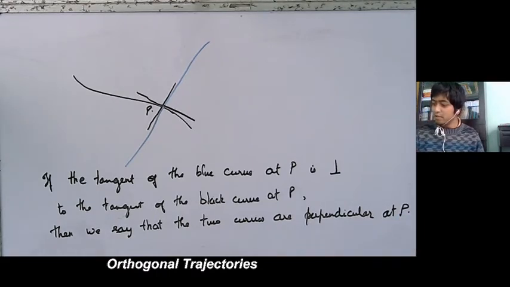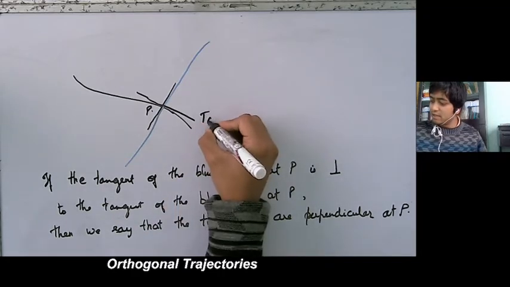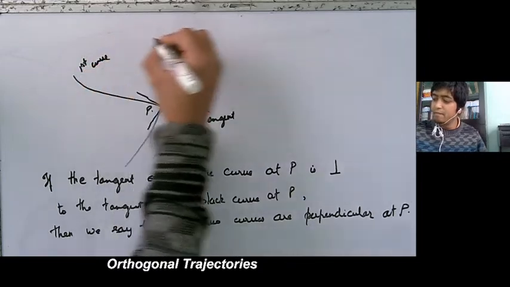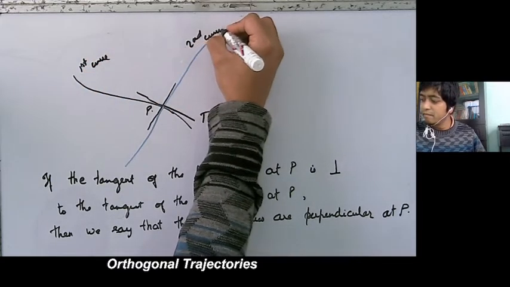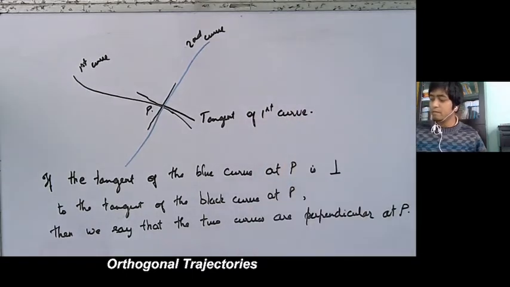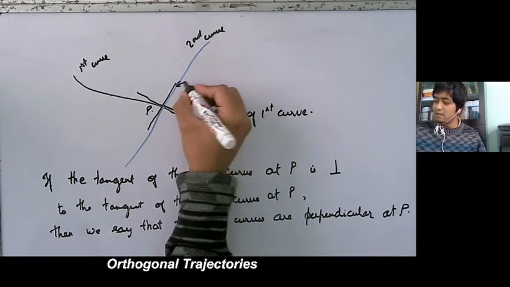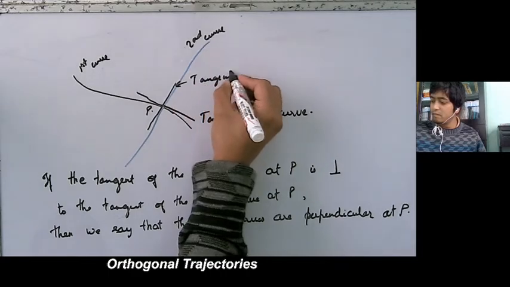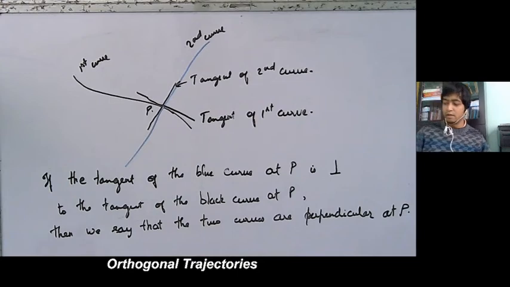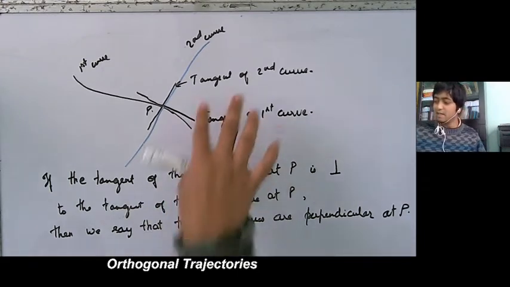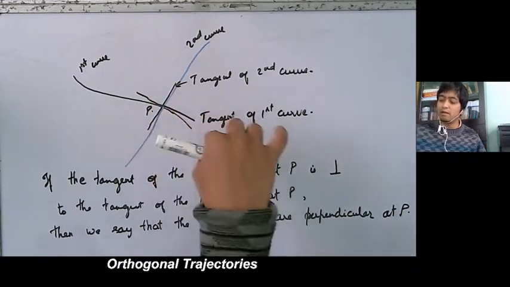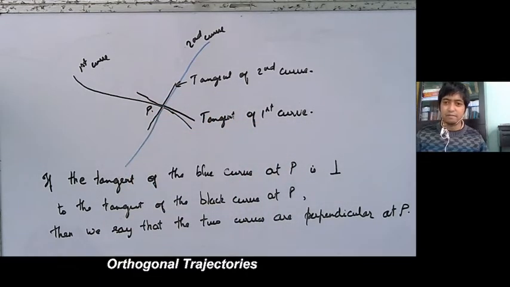But also you notice something. This one is the tangent of the first curve, and this one is the tangent of the second curve. You notice that the tangent of the second curve is nothing but the normal of the first curve.